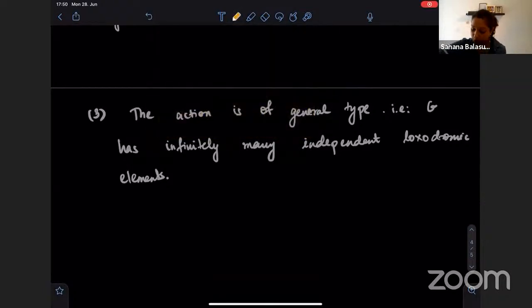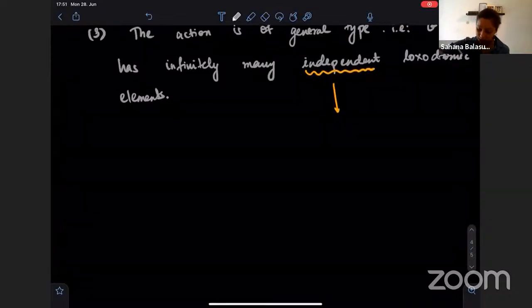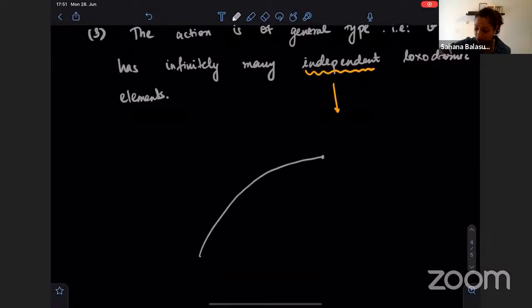What does it mean to be independent? Well, this is what it means to be independent. G and H are independent if their axes in the space look like this. So this is the axis for G, along which it's going to act by translation, where positive powers push you towards G plus infinity, negative powers push you towards G minus infinity.